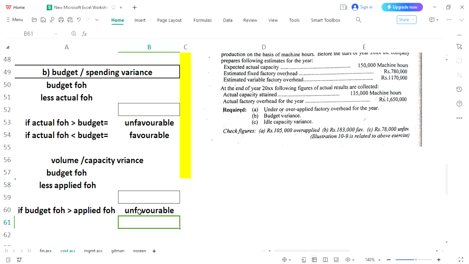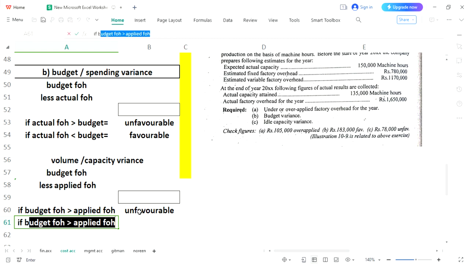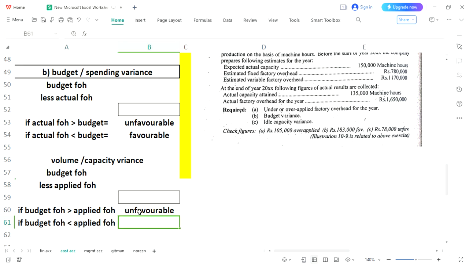Applied is just an assumption. You will suppose some amount, that would be called applied FH. And budget is the amount which you are going to arrange. If you are arranging more than your plan, it means you will have to work hard. It would go unfavorable for you. In the other case, if your budget is less than applied FH, hopefully you will conclude by yourself. In that case, it would be favorable.